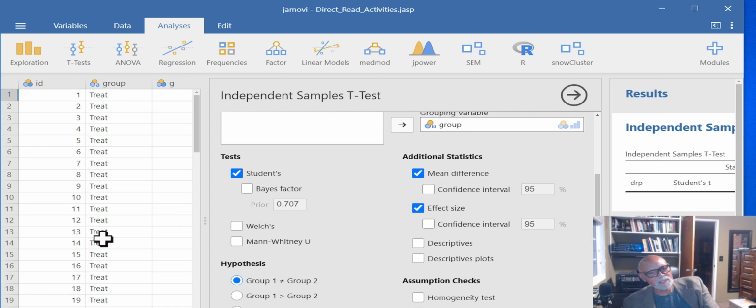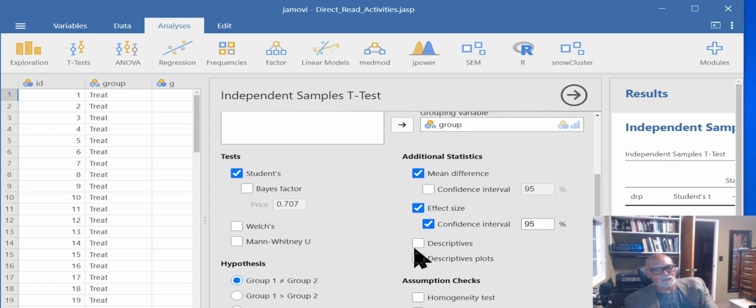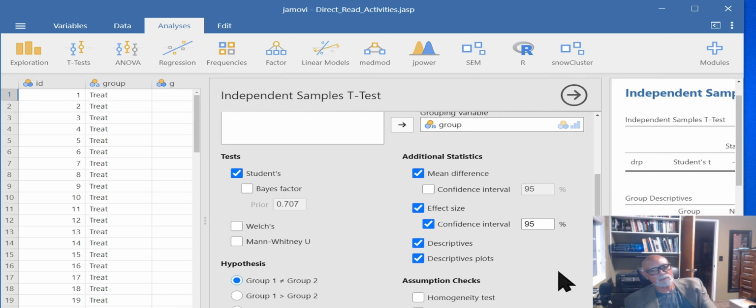The effect size may be so small that it is not a meaningful difference. And so we'll take a look at that with 95%. We'll get our descriptives, which tells us the means for the two groups, and we'll get descriptive plots.